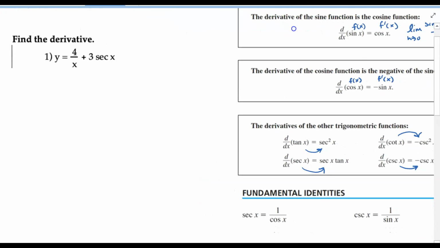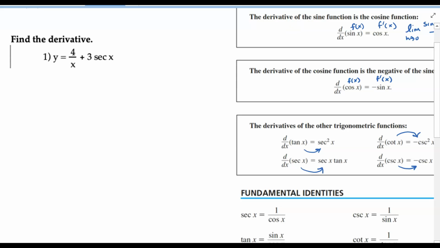I have y equals 4 over x plus 3 secant x, and I want to take the derivative. The first thing I need to do is rewrite this as 4x to the negative 1, applying the properties of algebra for exponents, plus 3 secant x.